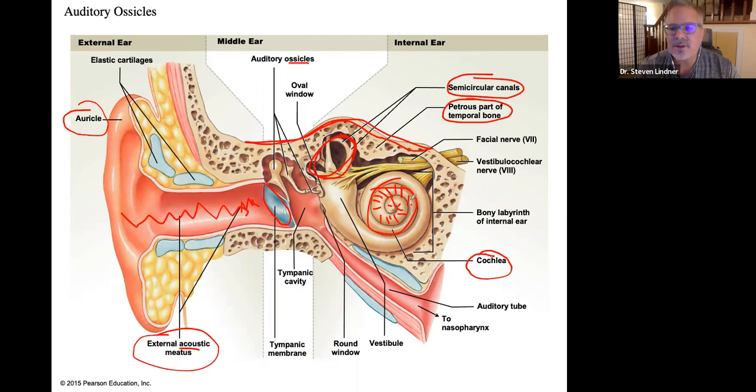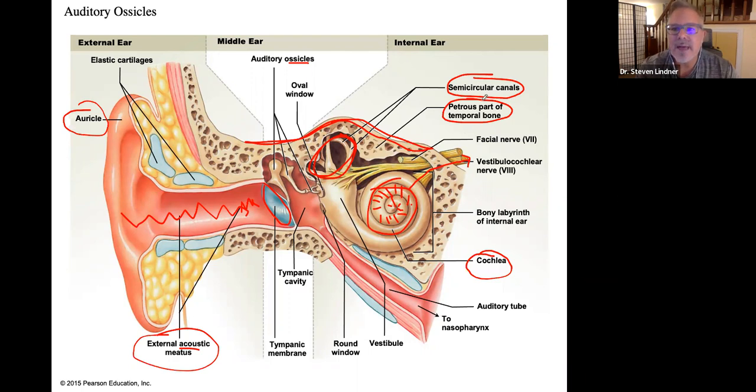And it's going to change from a vibrational frequency. That vibrational frequency goes into the nerve, and the nerve sends that vibrational frequency into the temporal lobe of the brain, and it converts it to sound. That's all sound is, just vibrations.